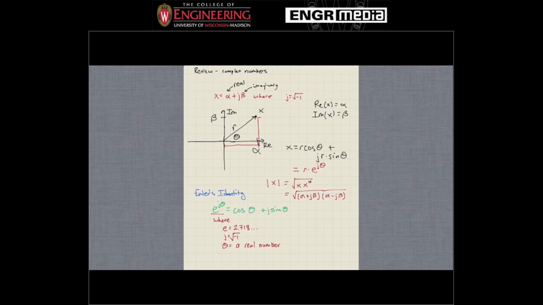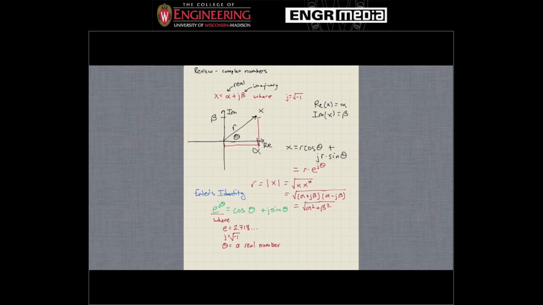And if you work this out, we should get some canceling here. We should just get the square root of alpha squared plus beta squared. And that, of course, equals r. Okay? That's the length of this vector.